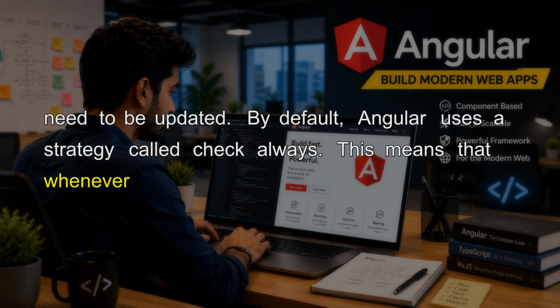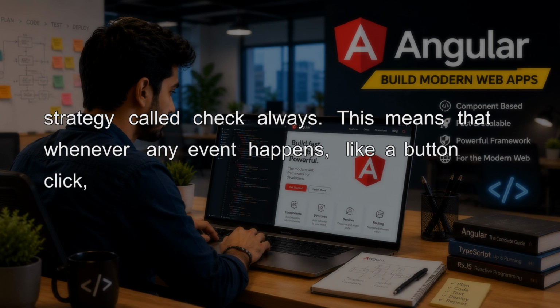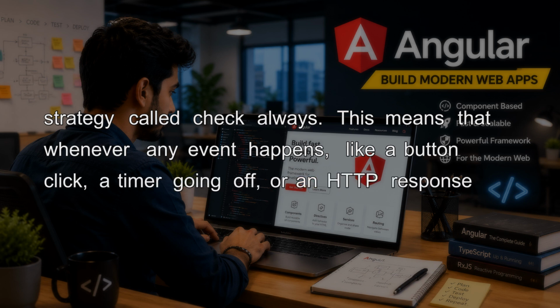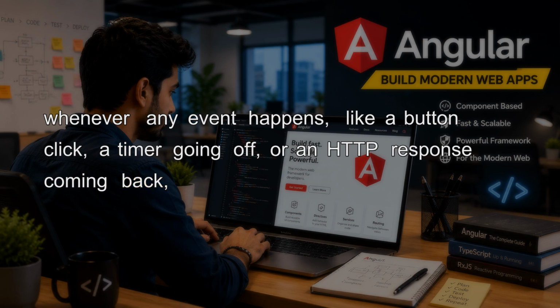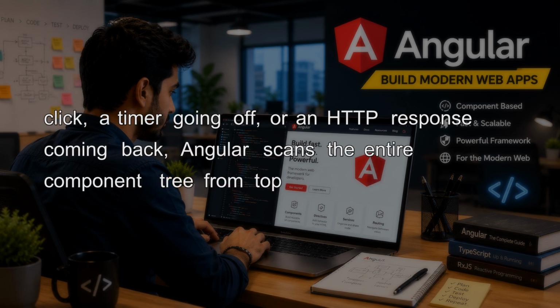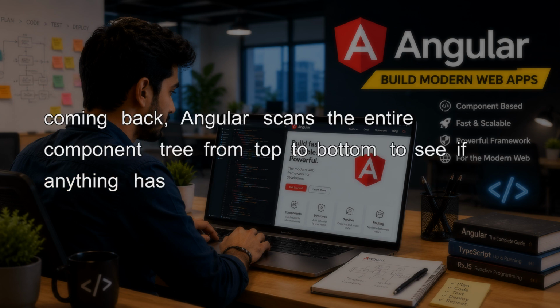This means that whenever any event happens, like a button click, a timer going off, or an HTTP response coming back, Angular scans the entire component tree from top to bottom to see if anything has changed.